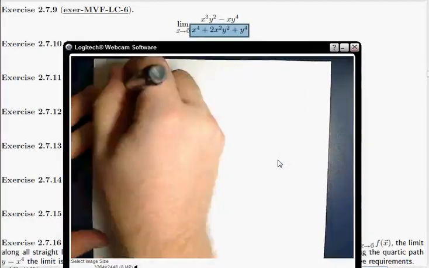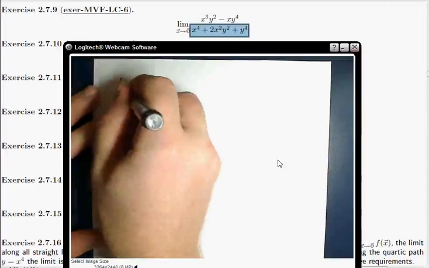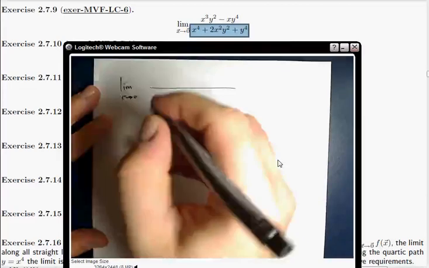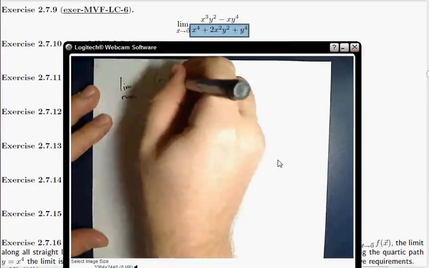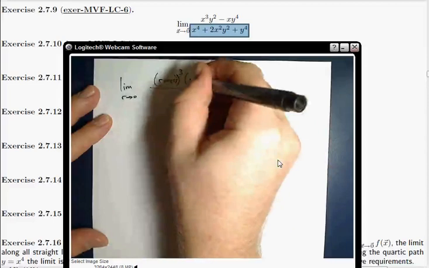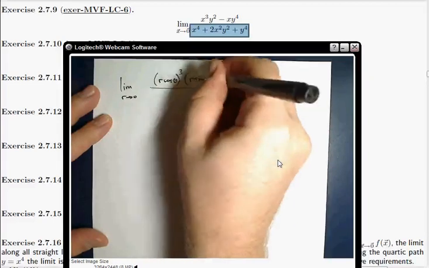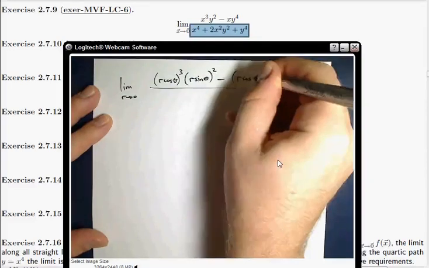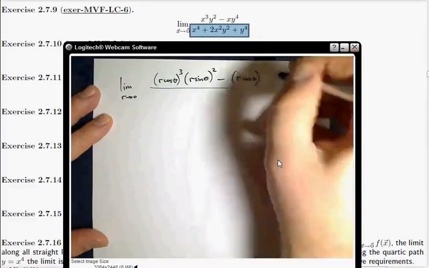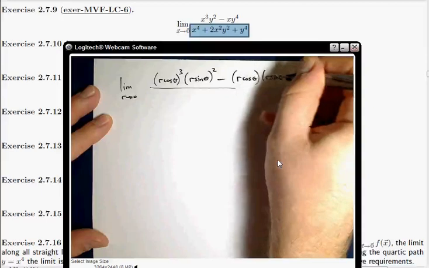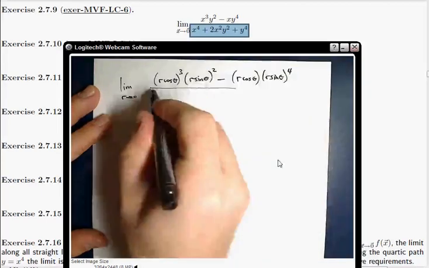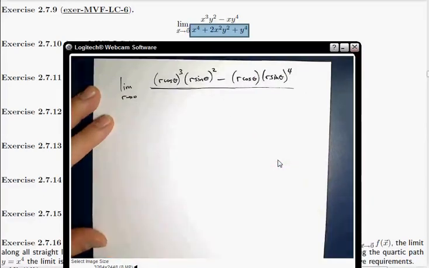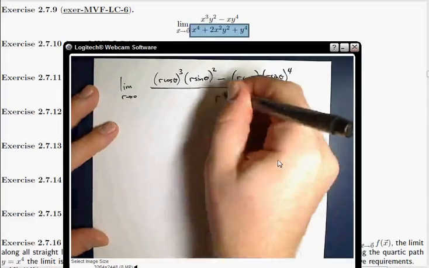So we're taking the limit as r approaches 0, and I have x cubed y squared minus x y to the 4th, all over, well, we already agreed that was r squared squared, so the denominator is r to the 4th.